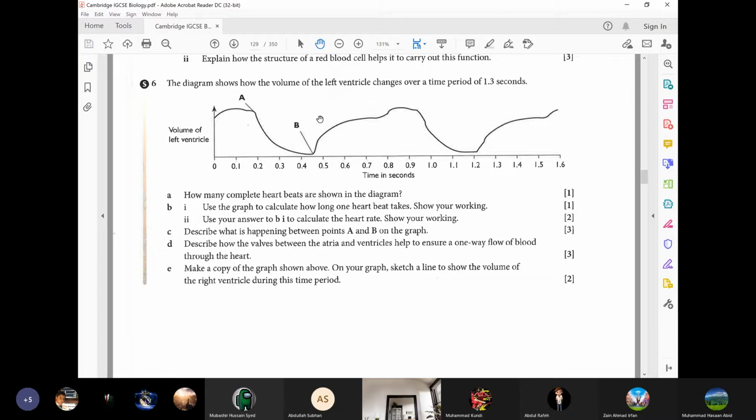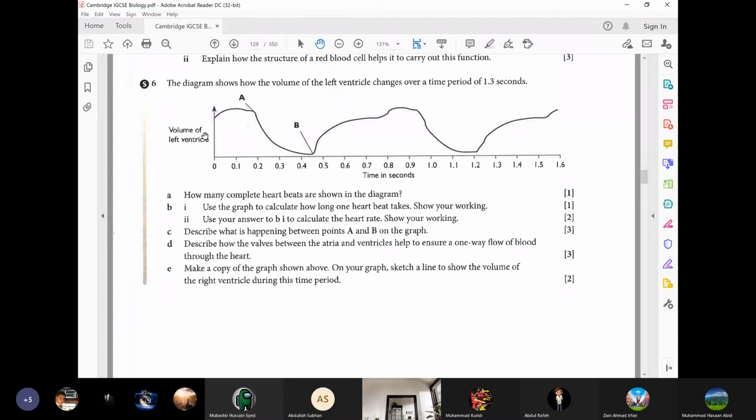Now, boys, let me tell you one thing: one heartbeat takes 0.8 seconds. Now, if you see from here, what is happening to the volume of the ventricle? It is decreasing.